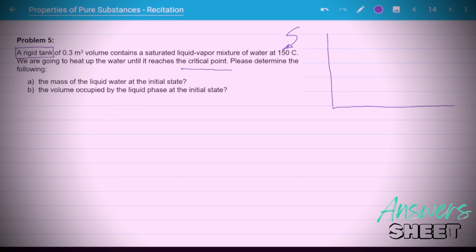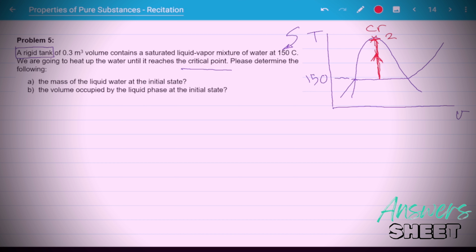So this is our TV diagram, and this is our dome. Initially, the system was at 150. Now we know that the final state, or the second state, is here, the critical point. And we also know that the process from initial state to our final state is constant volume. So this red line is actually the process, right?